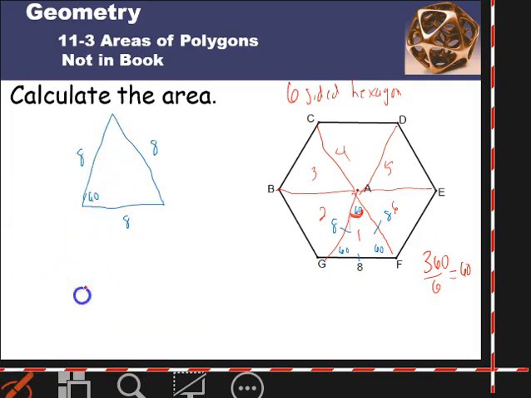So right here, if I cut it exactly in half, then this was a 60-degree angle. Well, now it's half of that, so that's 30. And this side right here is 4, because it's half of the whole way across, which is 8. So this right here is a 30, 60, 90 triangle.